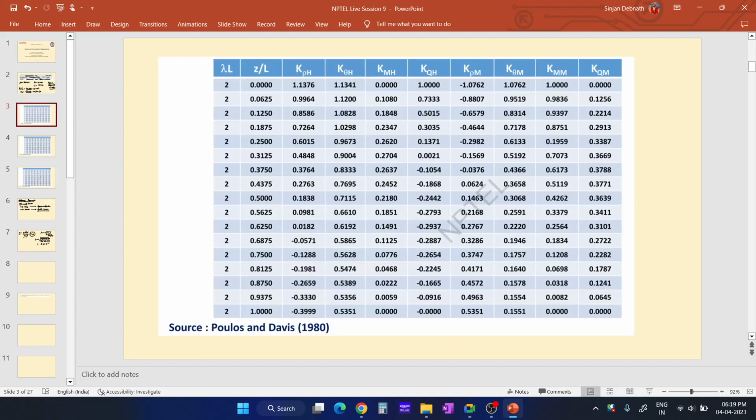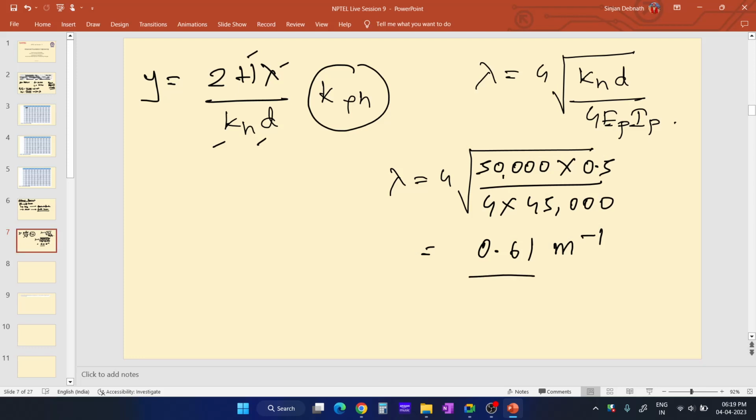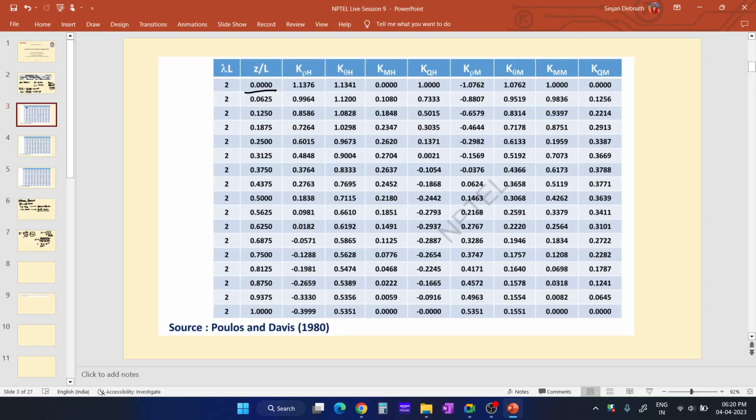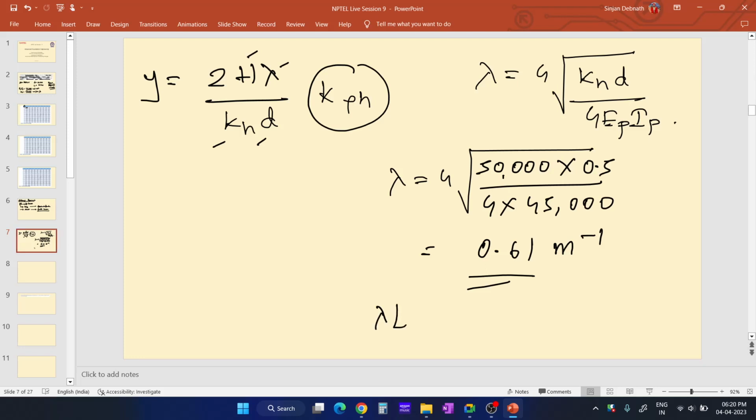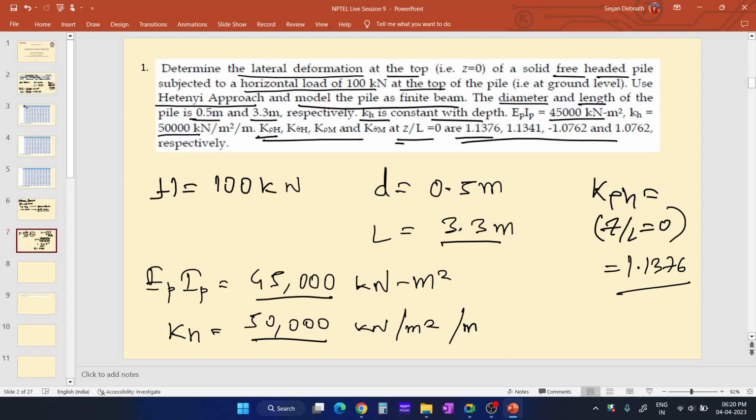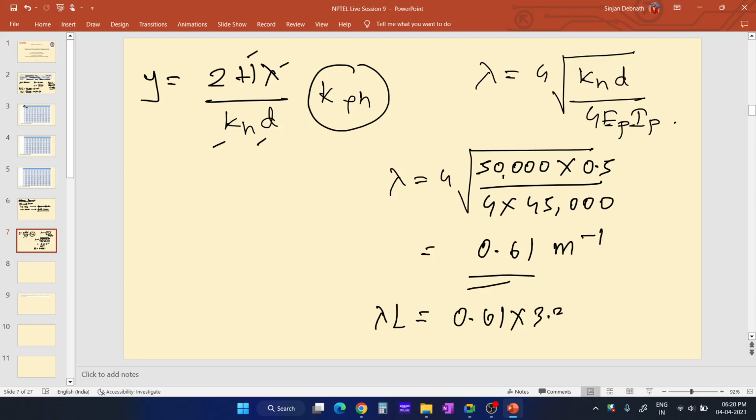If you look at these charts, z by L equal to 0, and our lambda is 0.61. In this chart we need to find lambda L. Lambda L is 0.61 times the length of the pile, which is 3.3 meter, so lambda L comes out to be around 2.